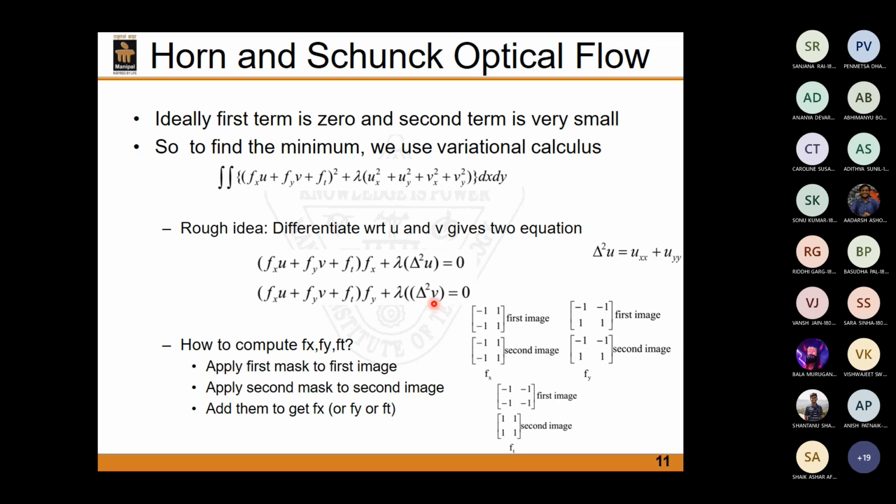In order to compute these values of fx, fy, ft, we make use of various masks. When we are calculating the optical flow for a given image, if you remember, optical flow means calculating the gradients.